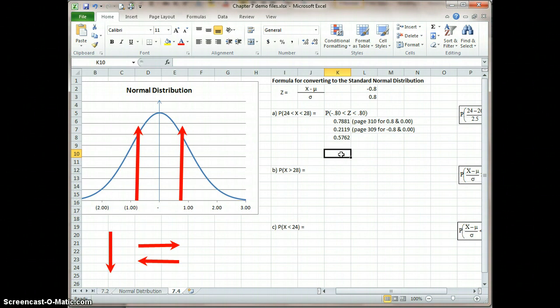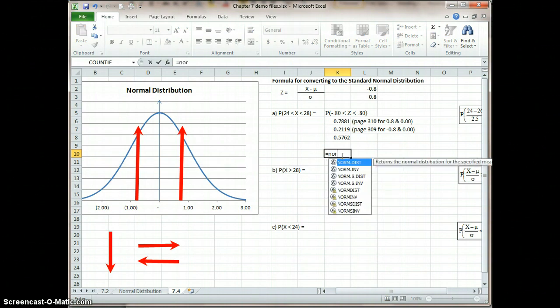The other way to do this is to use the calculation of the normal distribution. I'm going to go equals NORM.S.DIST, which returns the standard normal distribution that has a mean of 0 and a standard deviation of 1.